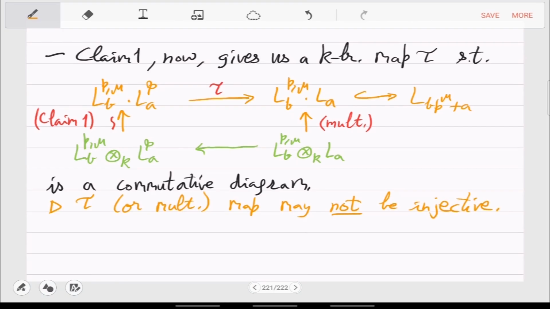Because see this, it's LA, it is not LA to the phi. So LA to the phi had the advantage of Q being there, which is bigger than BP mu. But in the middle one, this LA, there is no Q present. There is only P raised to BP, BP mu is present, but with A there is no Q. So claim 1 does not apply here.